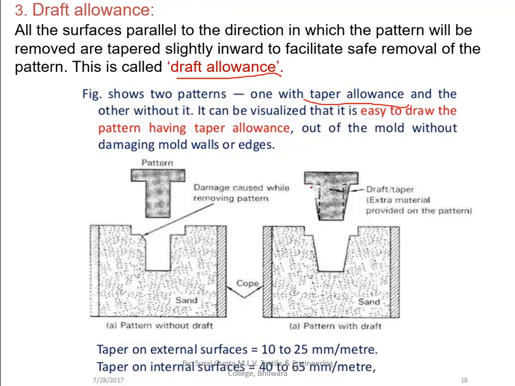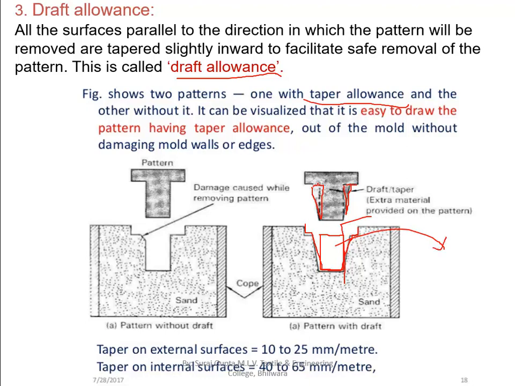We can see this is given the draft allowance to the pattern. Why? Because of the easy removal from the mold to create the mold cavity. The product will be formed in the same shape as the mold cavity, but after some machining process this part will be removed and we will get the rest of the part as the product.